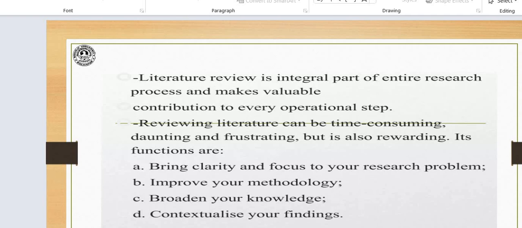Reviewing the literature can be time consuming, daunting and frustrating, but it is also rewarding. Its functions are to bring clarity and focus to your research problem, improve your methodology, broaden your knowledge, and conceptualize your findings.